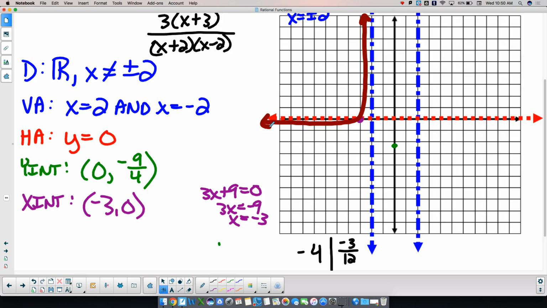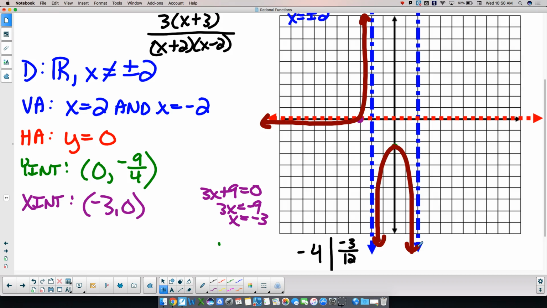Yep. Okay. Now, I don't have any more intercepts, right? I only had one x-intercept, so it only crossed the x-axis once. So this one has to go like this, because if it turned up, I'd have another x-intercept. I don't have one, so it's got to look like that.